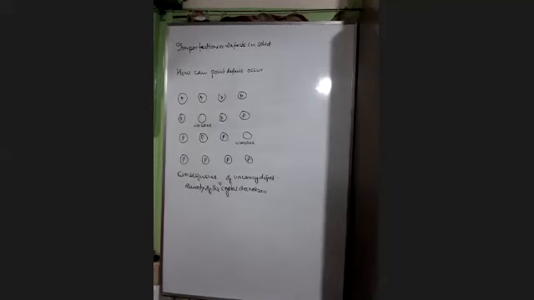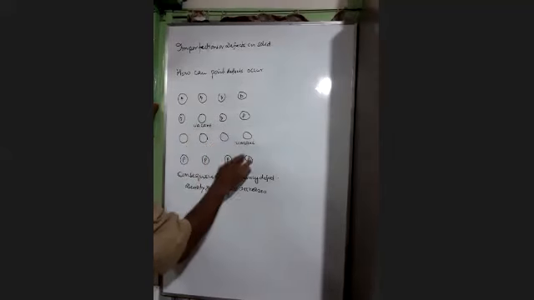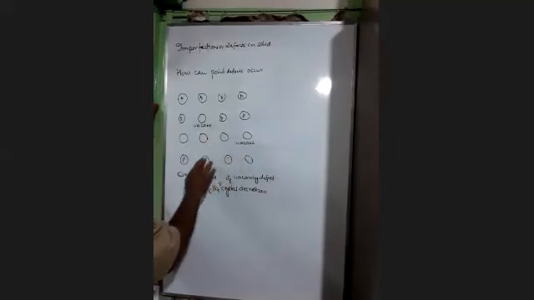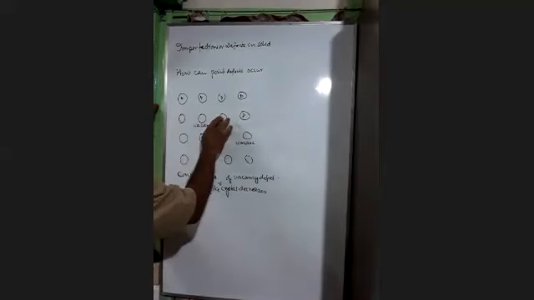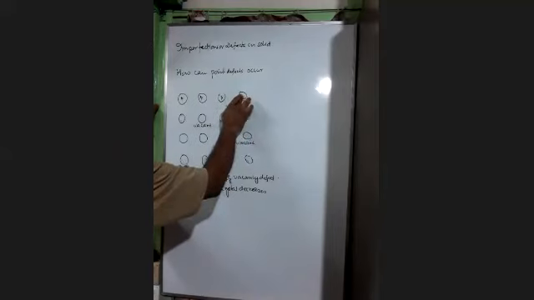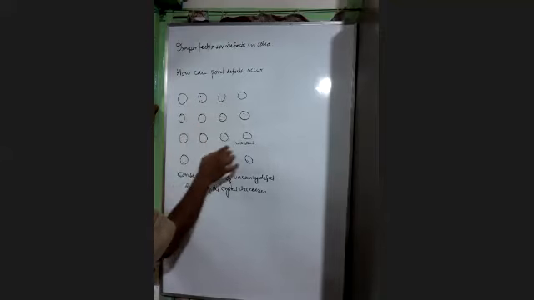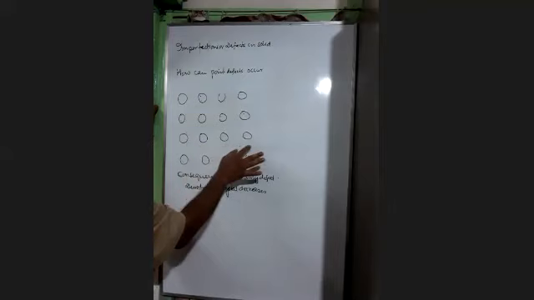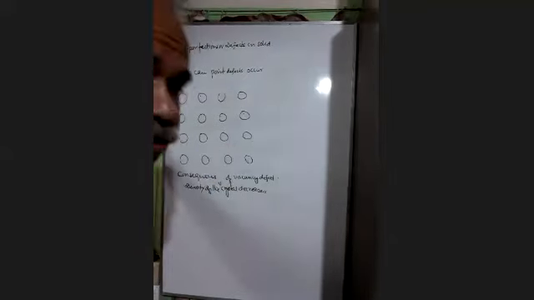So it may happen that when the crystal formation has taken place, if the molecules are small, the empty spaces are there. The empty spaces are called voids or interstitial spaces.